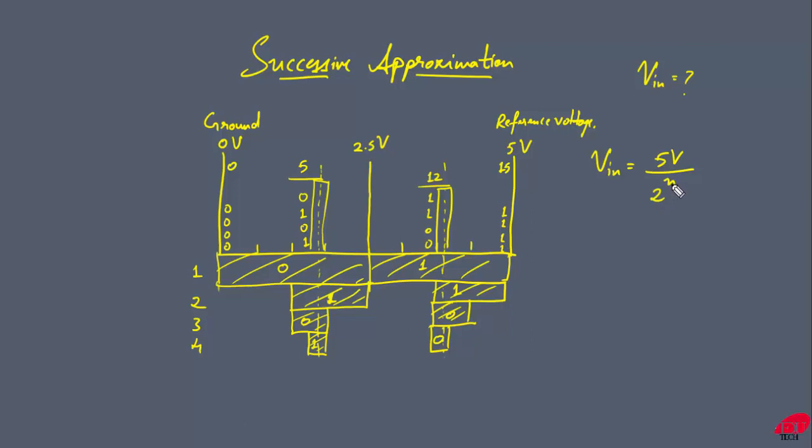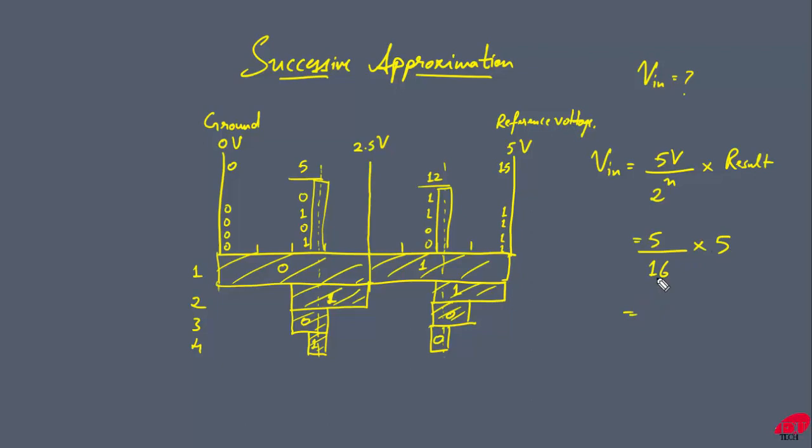Here we are taking values up to 4 bits, so it is 2 raised to 4, that is 16. Now what is your result? The 5 and this 12 are our 4-bit conversions for these particular input voltages. Let us put these values over here: 2 raised to n is 16, into 5.